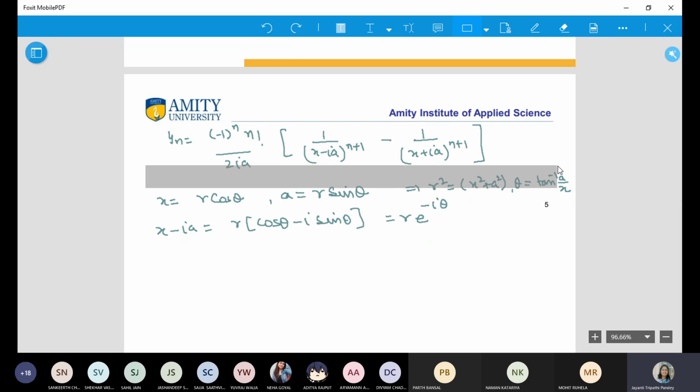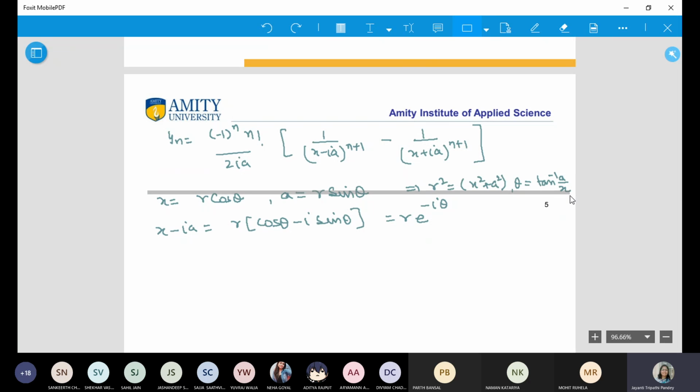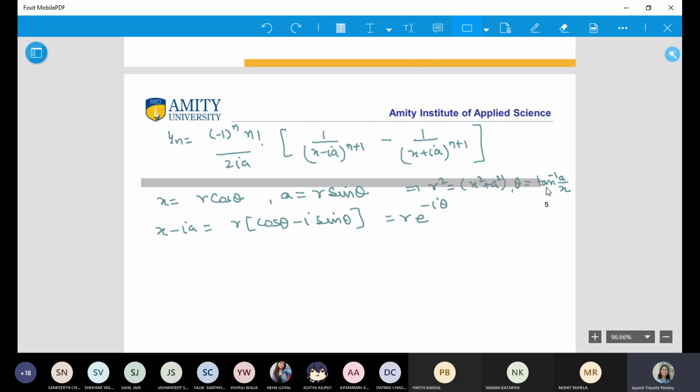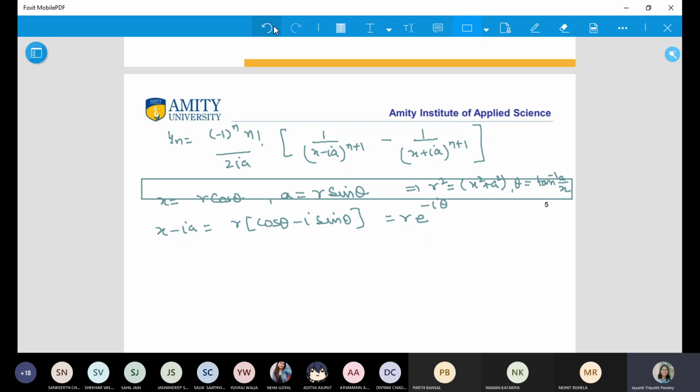Just remember what substitution we are using. It's not coming in, isn't it? Oh, leave it. Have you understood the substitution?